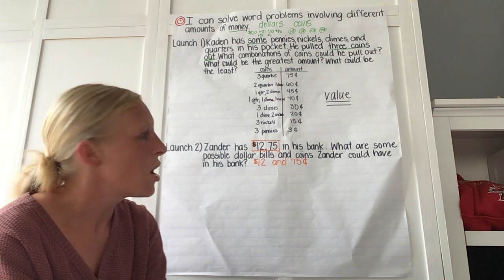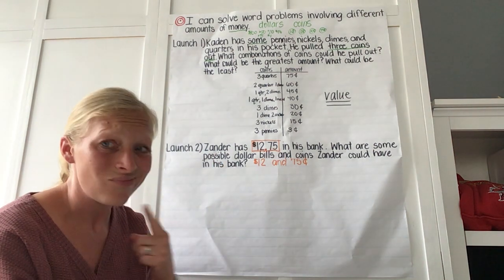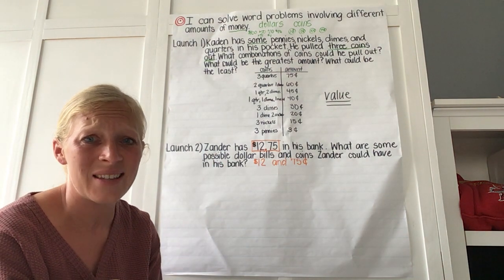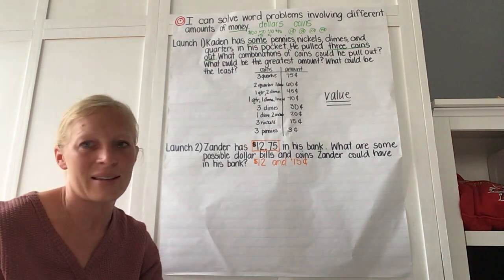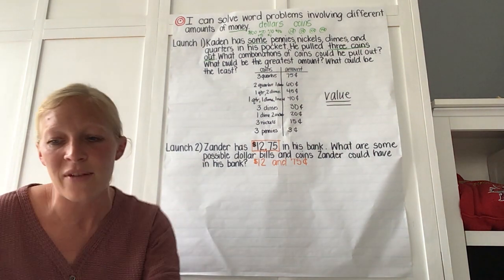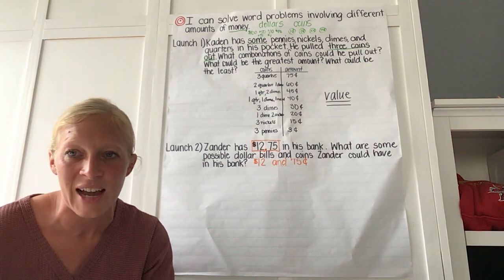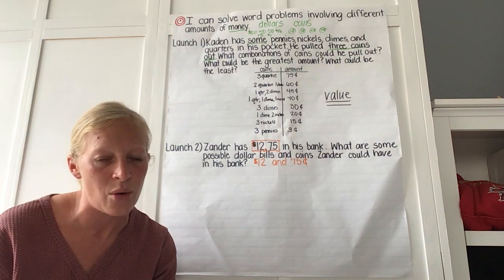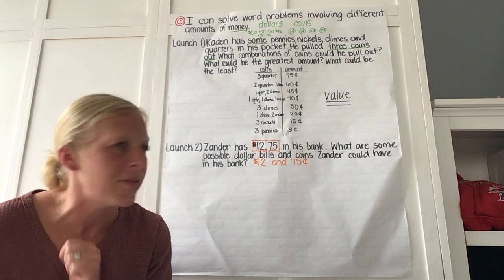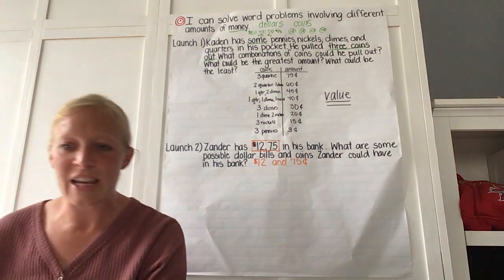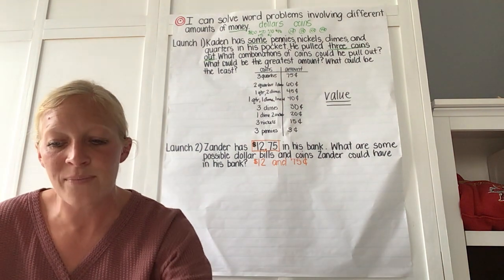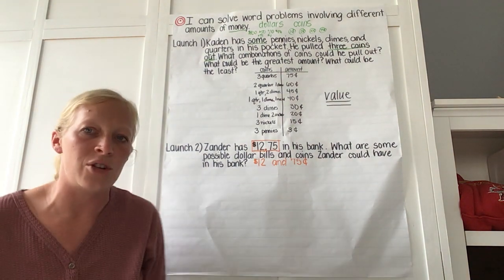Okay? So I want you to think dollars, coins, what kind of combinations can we put together to make this amount? And we'll share a couple of them after I give you some private think time, and we'll talk about how we know and how we can be positive that those put together make this amount. Go ahead and take a few moments of private think time and start drawing that out in your journal.